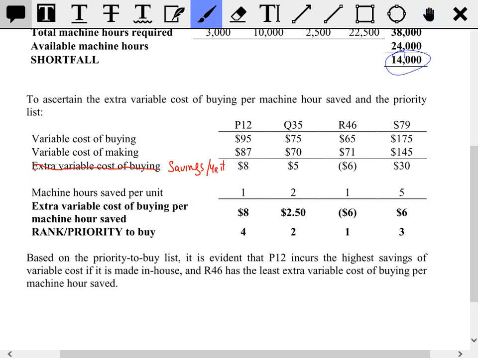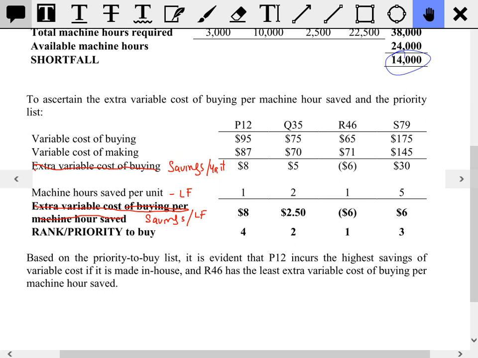Divide by machine hour, and we know machine hour is the limiting factor. No issue. Then extra variable cost of buying per machine hour saved. Done. Savings per limiting factor. Then you cancel this off. Rank, priority to buy.